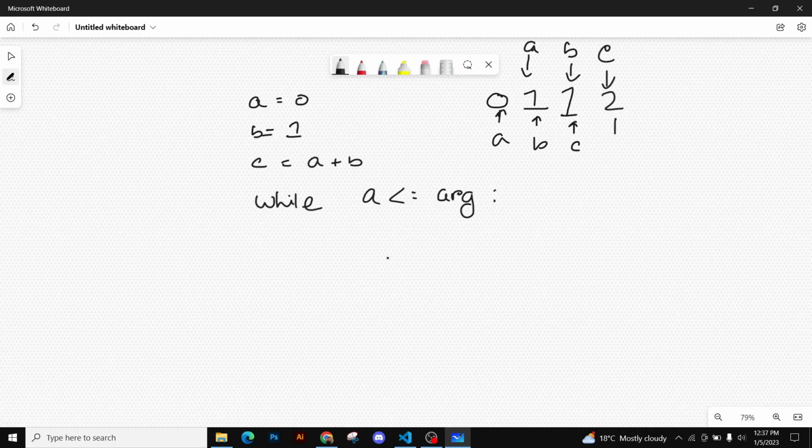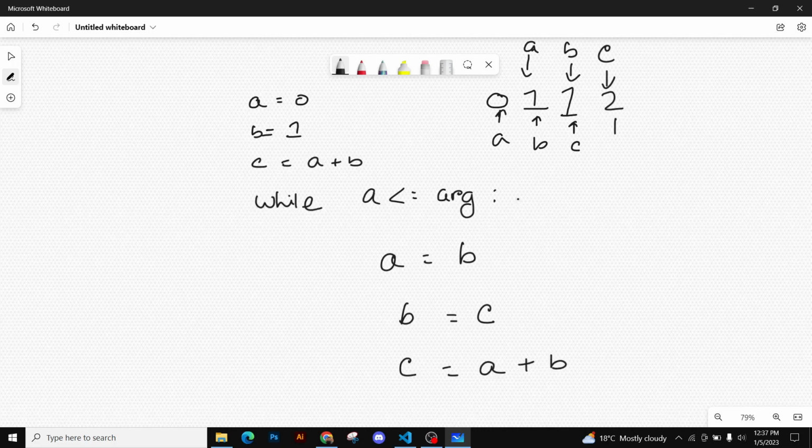Therefore, for finding the next term, a will be replaced with the b value, then b will be replaced by the c value, and finally the new c will be the summation of a plus b.